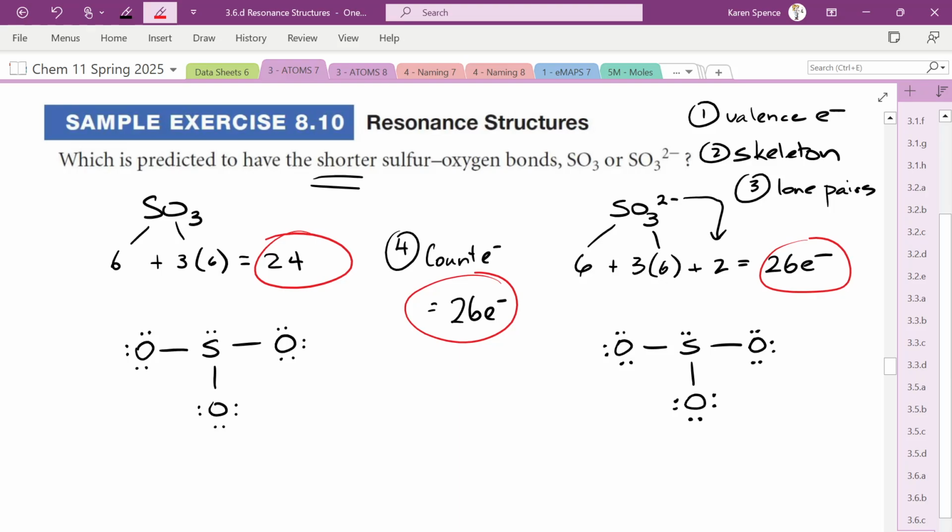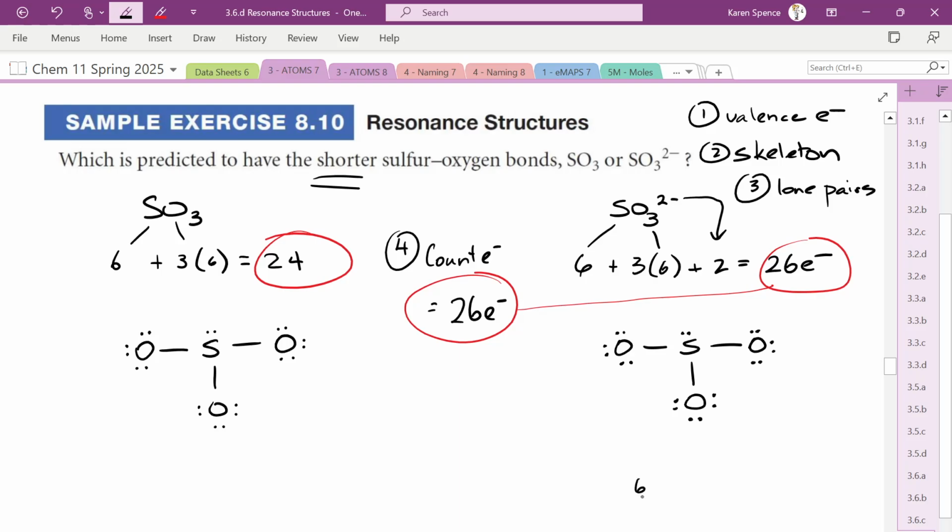Which one is okay? The SO3 2 minus. Those are the same. And when it's the same, we go to step 6. And in step 6, we ask ourselves, is it an ion?